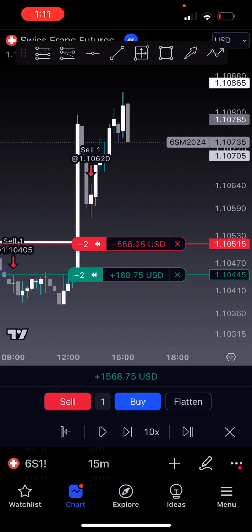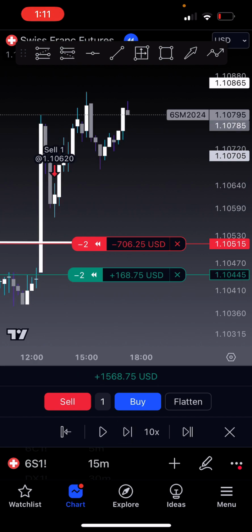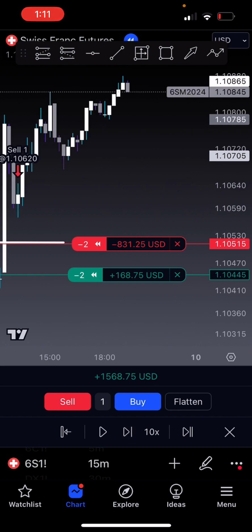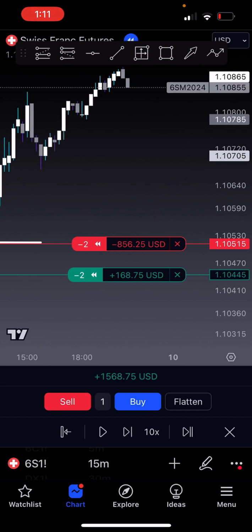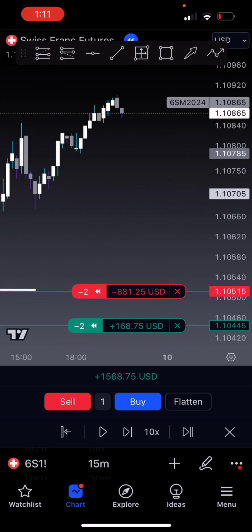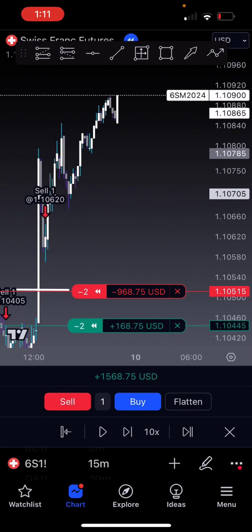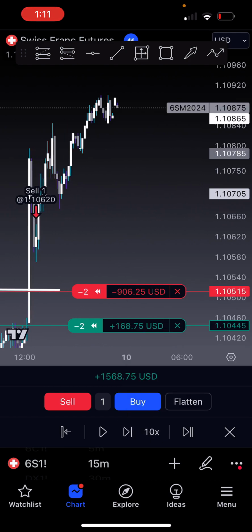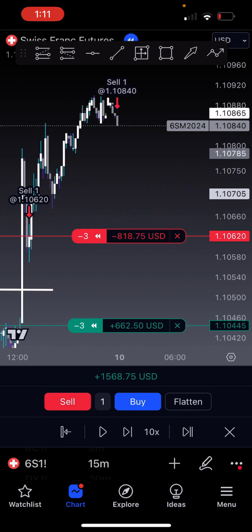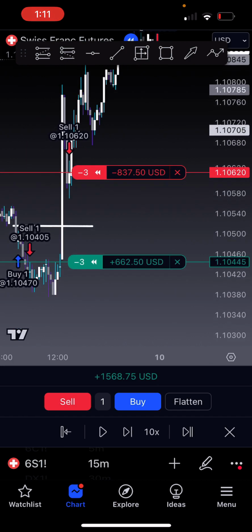If it makes another high, we'll add in. So it's made another high. So we're almost at $1,000 drawdown. Just looking for a good spot to add in. So right there is cool.